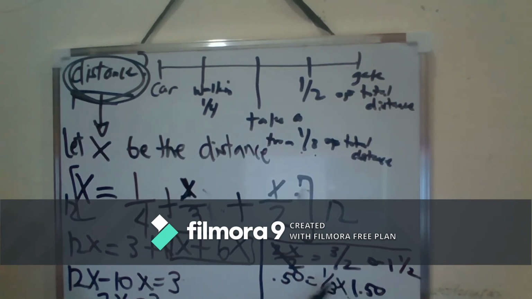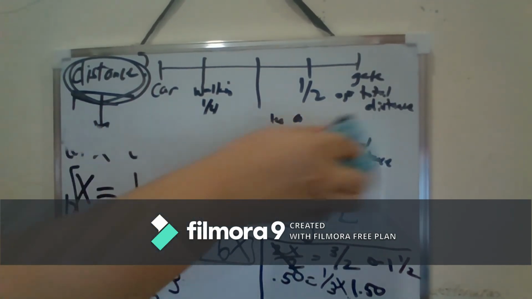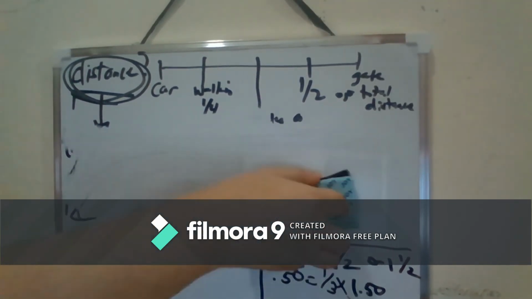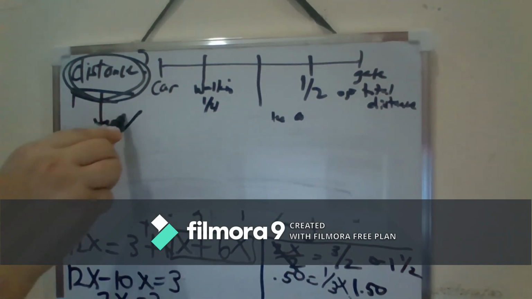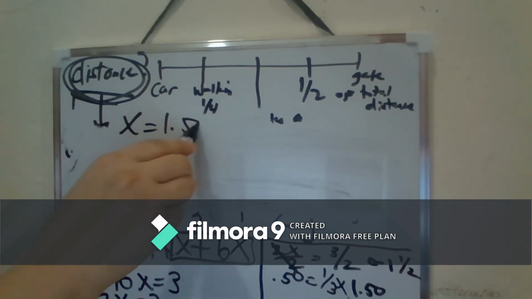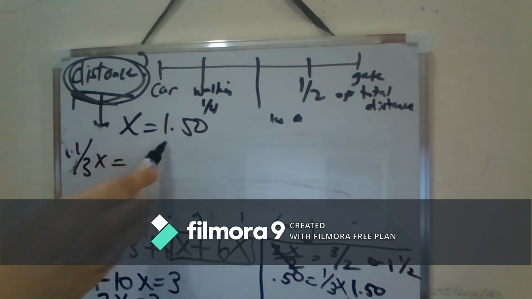Di ba? Sulat nga natin mas malaki. So again, ang x na natin is 1.50. Ngayon, yung 1/3 na tinatawag na x ay 1/3 ditong 1.50 ay 0.50, di ba?